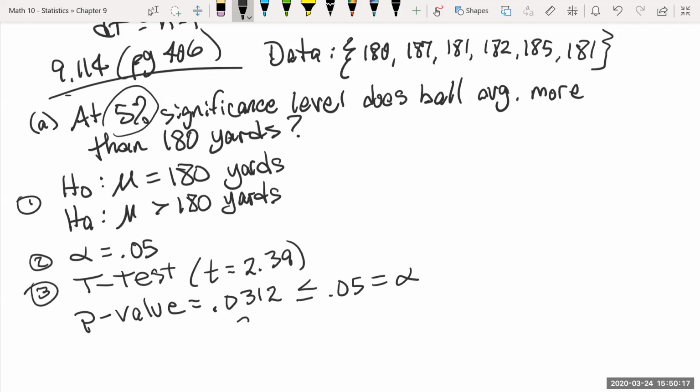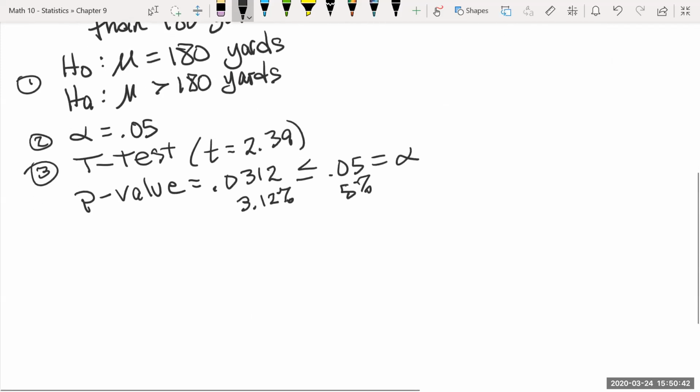Again, if it helps you to change those 2 percentages, 3.12% and 5%, we see that yes, it is less, so I am going to reject the null hypothesis. Remember, p-value, 3.12%. There's only a 3.12% chance that the null hypothesis is true. We had a cutoff of 5%. That's less, so we say, I don't think it's true. So step 4, we reject the null hypothesis.